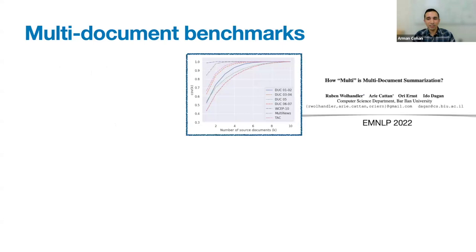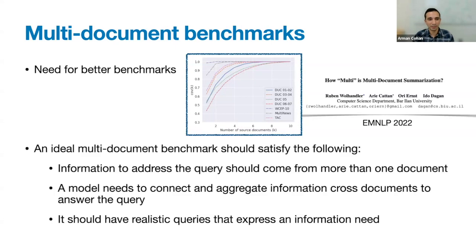This is a known problem in existing data sets on multi-document tasks. This other paper showed that if you consider most of the existing multi-document data sets, usually using only a few documents, for example 1 to 2 or 3 documents, you can get a lot of coverage, and most of the information can only come from these few documents.